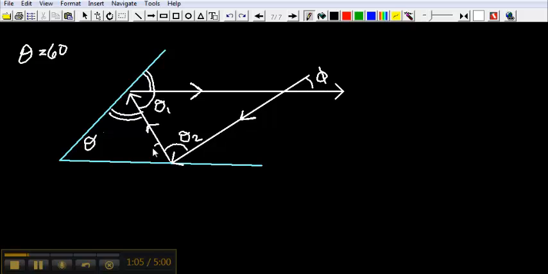Okay, so then these angles right here are also congruent for the same reason. Okay, and just for the sake of confusion, I'm going to get rid of that arc because those angles may not necessarily be the same. But we have theta 1, theta 2.